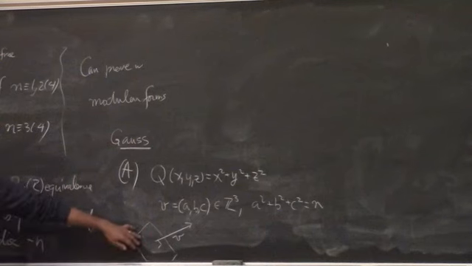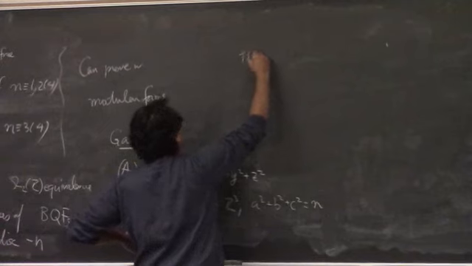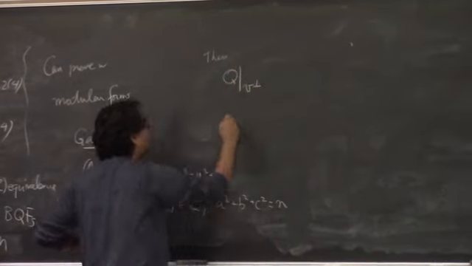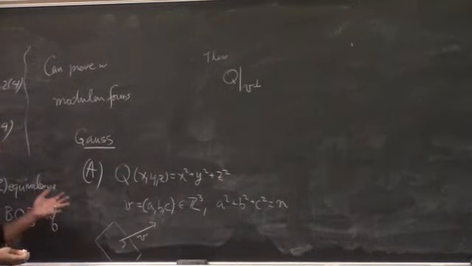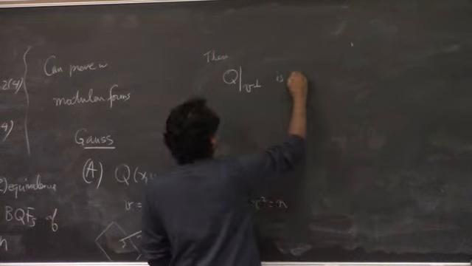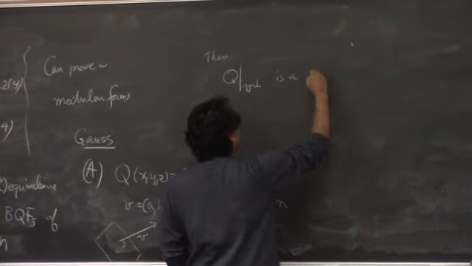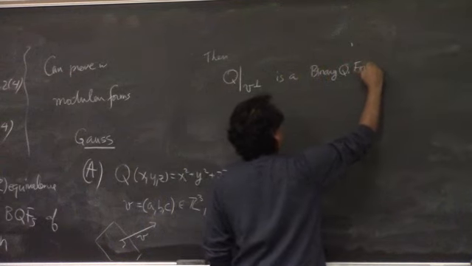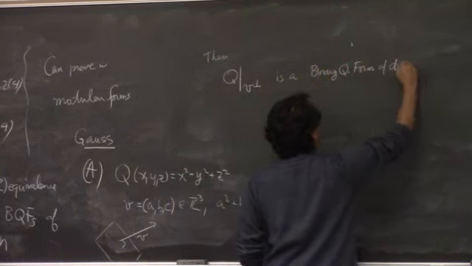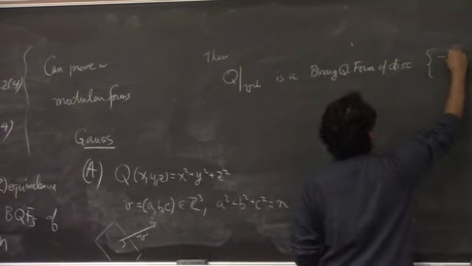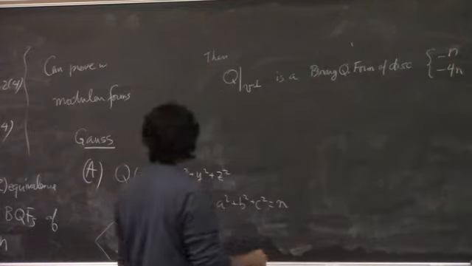This is a two-dimensional sublattice of Z3. Then this ternary quadratic form restricted to the orthogonal complement of v is a binary quadratic form of discriminant negative n or negative 4n, depending on which case we're in.